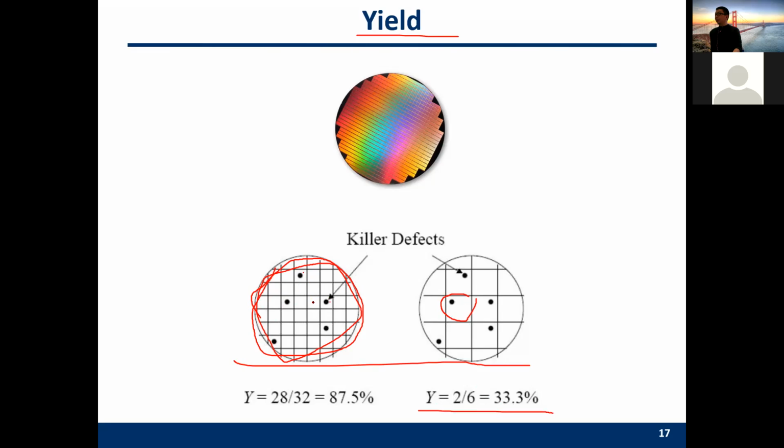If you have a smaller chip area, this is your yield. This is the reason why people prefer a smaller chip area, because it will give you a larger yield. Larger yield means you paid for this wafer anyway, so you get a higher profit margin. With the same cost, you can sell more chips.